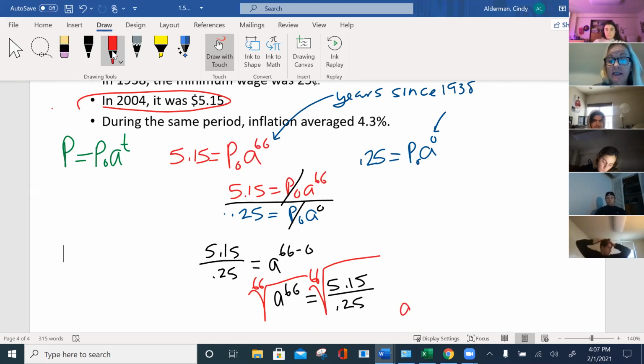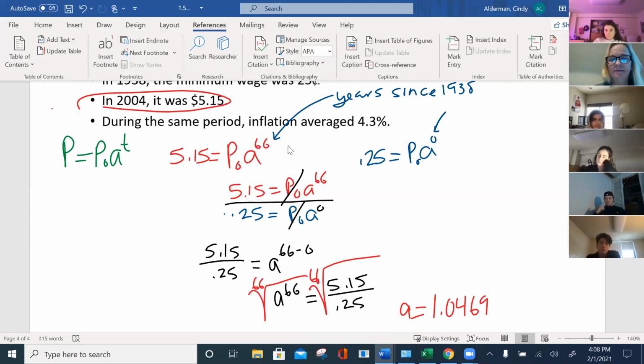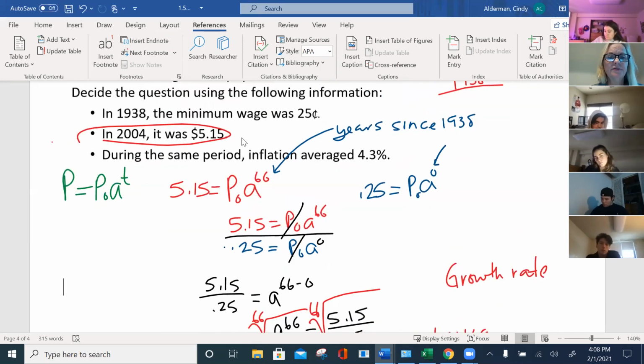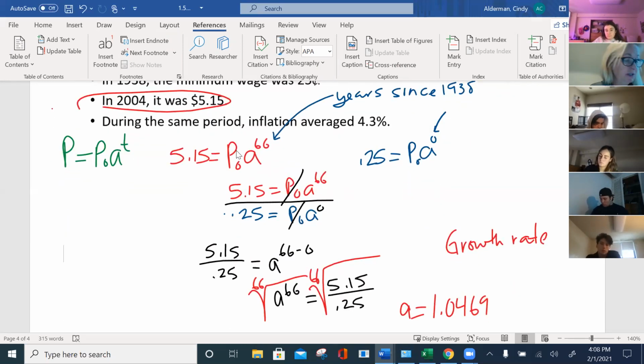So you would just get A is equal to 1.0469. So the growth rate of minimum wage is 4.69%, right?